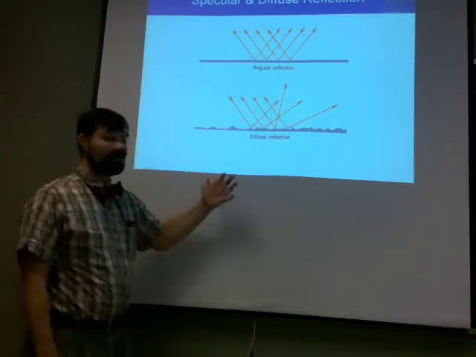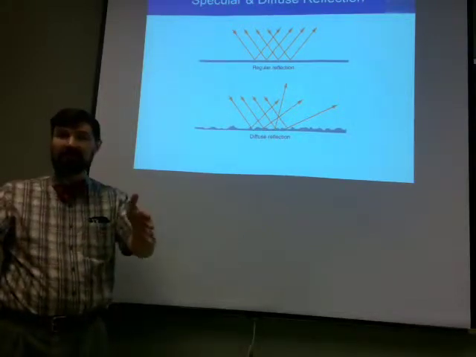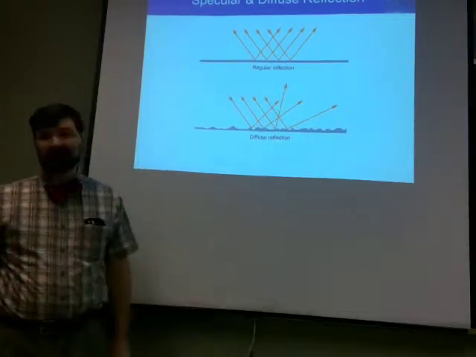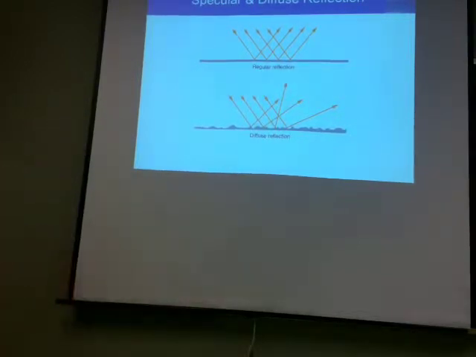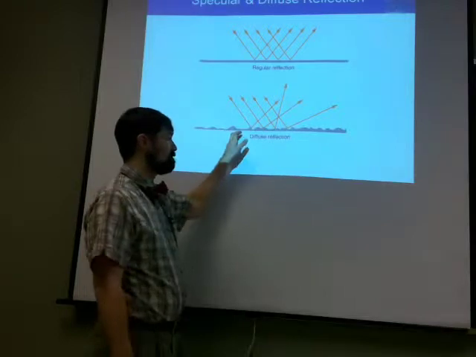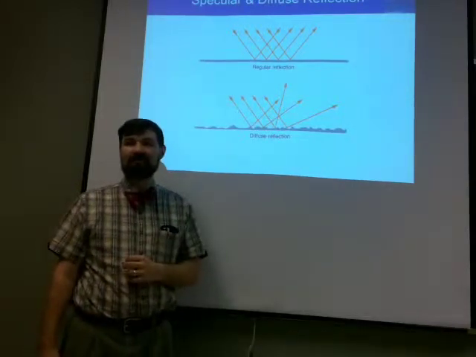Or think of a nice flat mirror. It doesn't even have to be flat, it can be curved, it just has to be smooth. This one right here is anything else, anything that's kind of a rougher surface. And as it turns out, on a microscopic level, most surfaces have quite a fair degree of roughness to them.